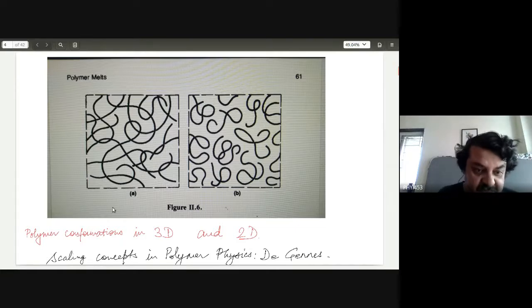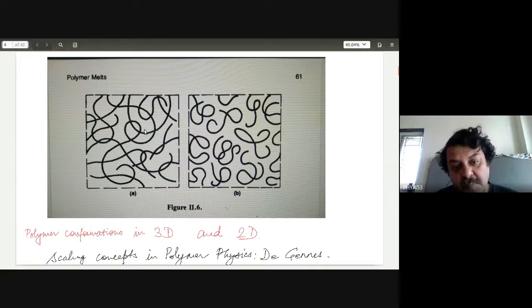This picture has been taken from Scaling Concepts in Polymer Physics, a book by de Gennes. And this is the right picture that you should form in a 3D polymer melt.